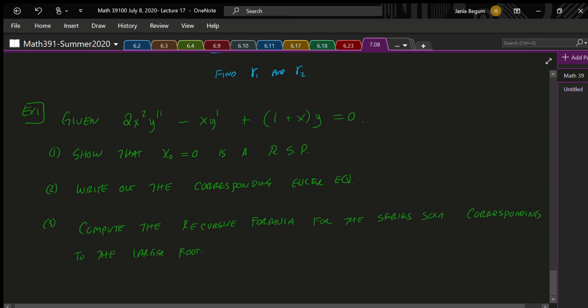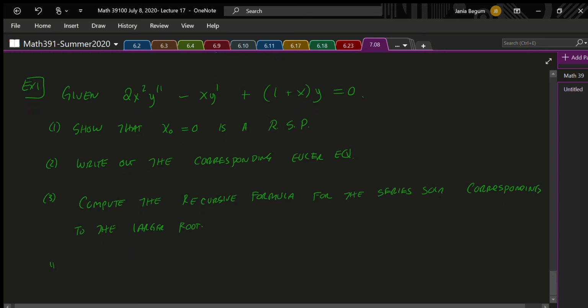I'll explain what this means as we go along. And then the fourth step is to compute the first 3 non-zero terms of the series solution with a0 equals 1.